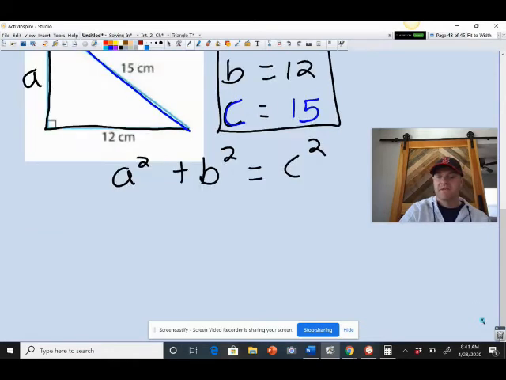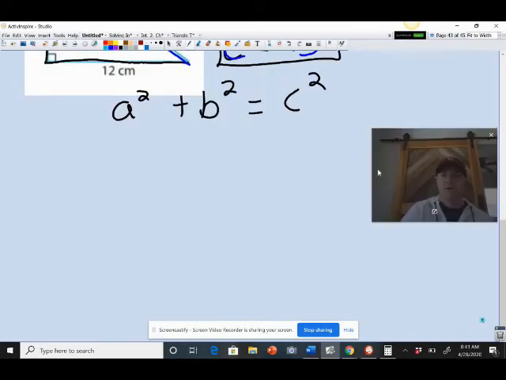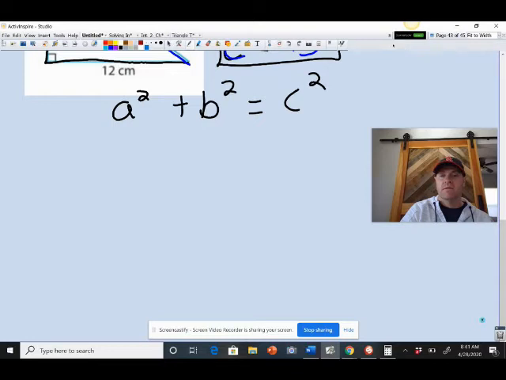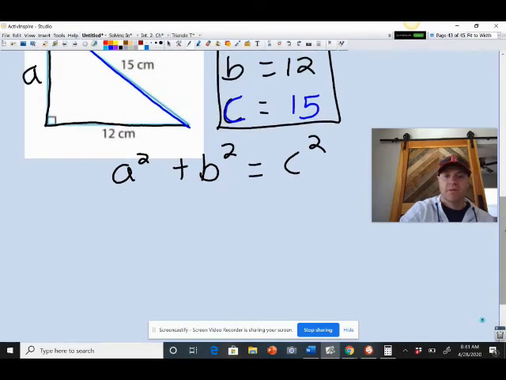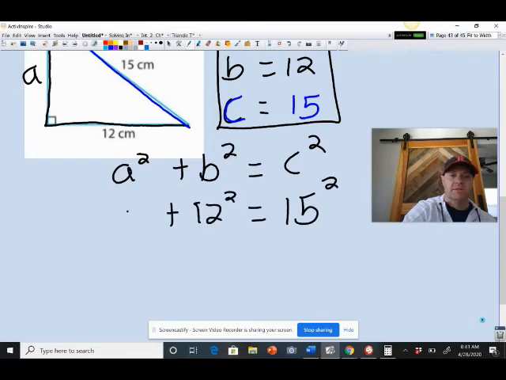I'm going to plug the C value in for the C. Sorry, technical difficulties. There we go. So it's going to be 15 squared is equal to 12 squared plus A squared.